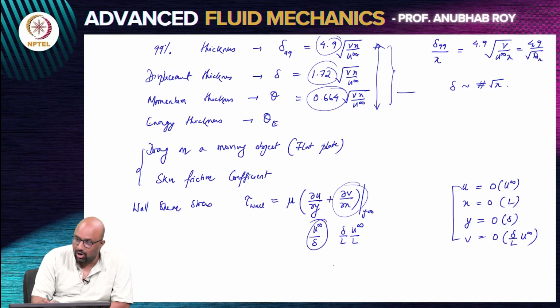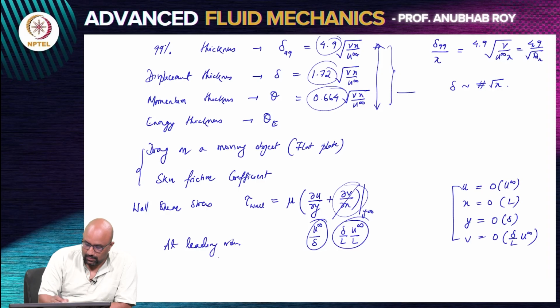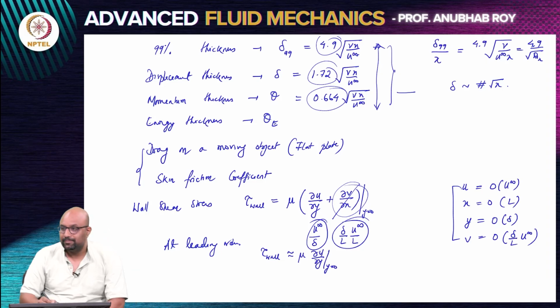This term is order delta square larger than the dou v dou x term, which means within the boundary layer approximation that we have done, dou v dou x can be ignored at leading order. So, at leading order, I can write my wall shear stress as mu dou u dou y at y equals 0.